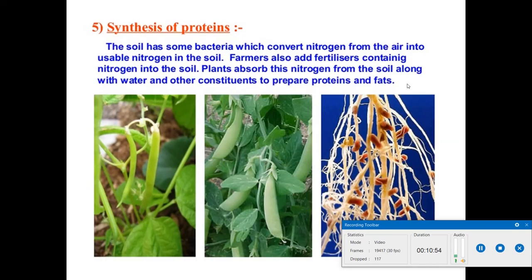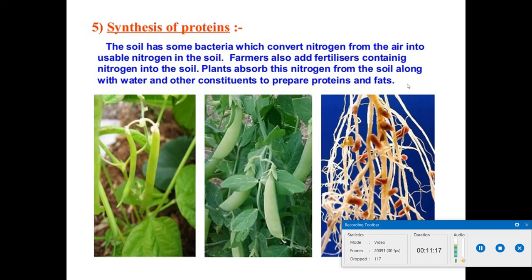Now, synthesis of protein. How do these green plants prepare protein and other constituents of food? As we know, as a result of photosynthesis, plants get carbon, hydrogen and oxygen.